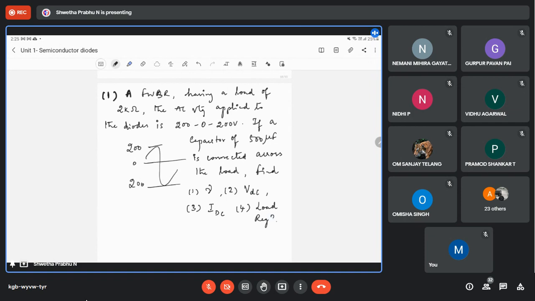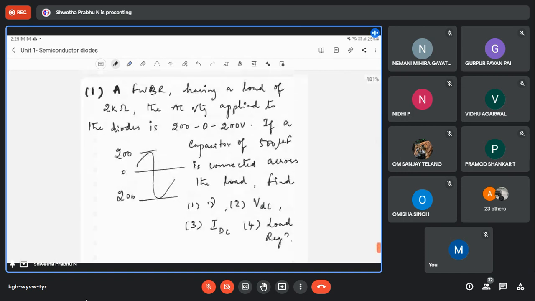First you read the question, list the parameters whatever they have given, and then you solve.